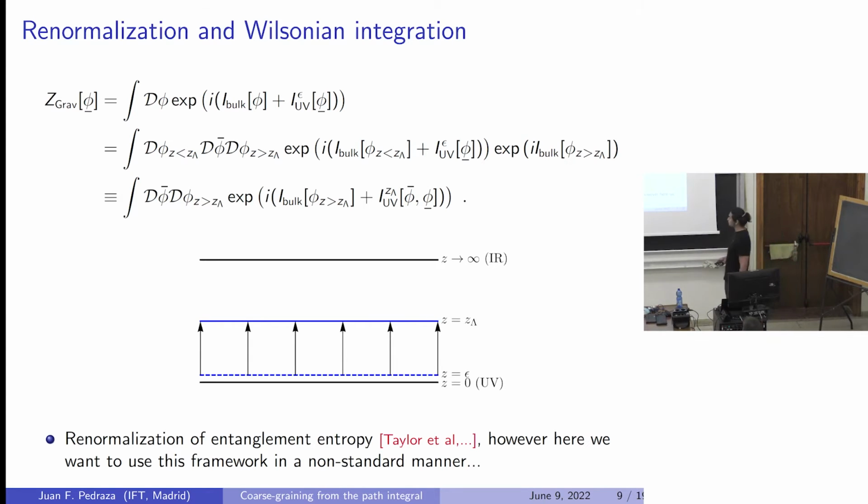At least the part where you introduce these boundary counterterms. But here, my focus will be a little bit different, because now, instead of trying to integrate over UV degrees of freedom, I'm going to try to integrate over some IR degrees of freedom.